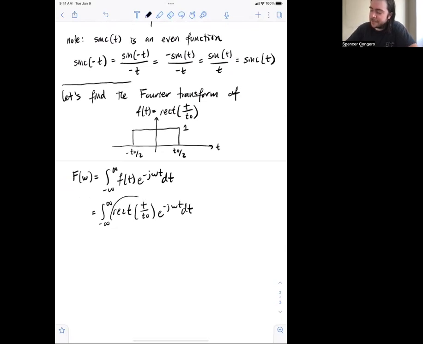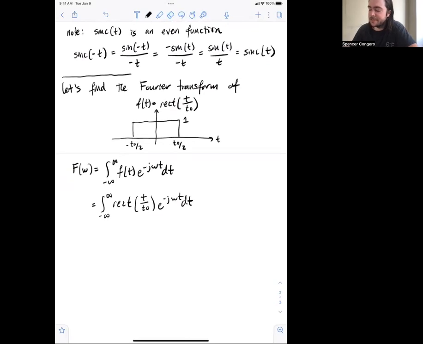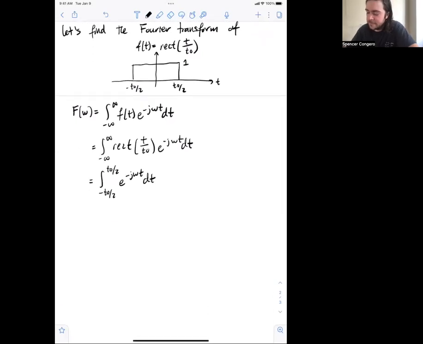If it's 0, then this entire integrand is just 0, and I don't have to integrate over the region where the rect function is 0. I should only integrate over where it's 1, which from the picture you can see is from negative t naught over 2 up to t naught over 2. And in that case, this function is just 1, so I won't write it, and I get e to the negative j omega t dt. Now we can do this integral. So I get 1 over negative j omega, e to the negative j omega t. And I want to evaluate it at these places.